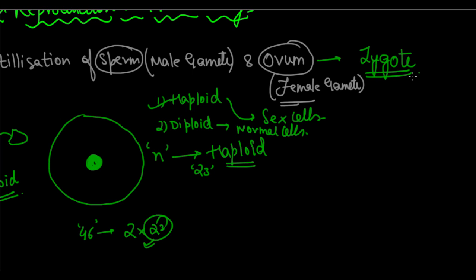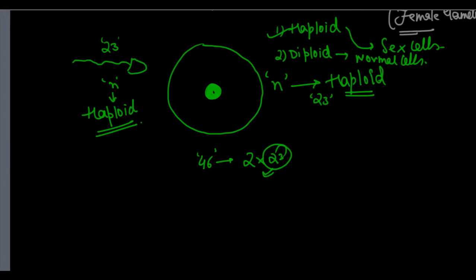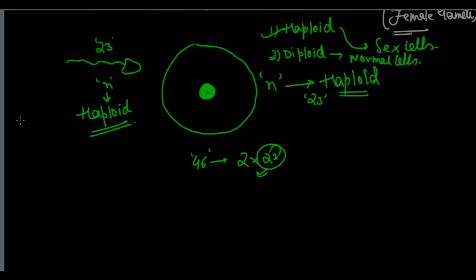But this is what happens in the process. But there's one question which is really important, and that is how do the sperm and the ovum form in the first place?